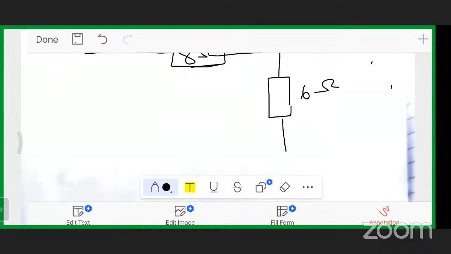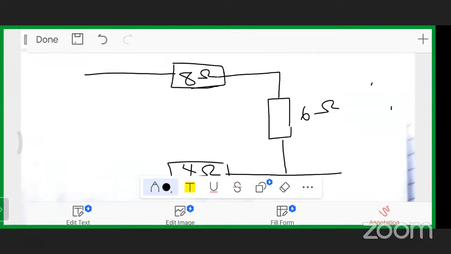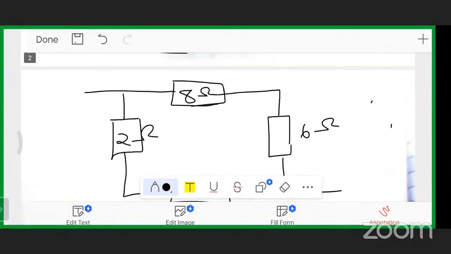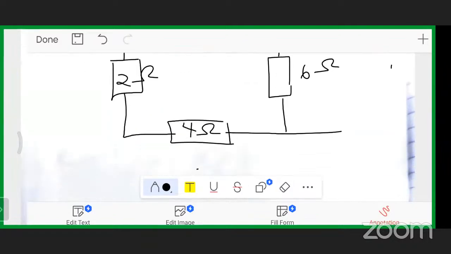Then this comes. This one, 4 ohms. Then we bring another one down here, 2 ohms. Then this completes. So the current gets in at that point, then it comes out at that point.